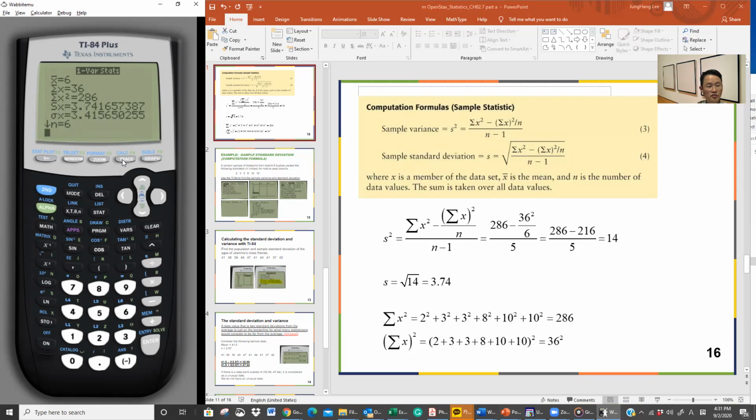If you want the variance, you can take this number and square it, not the square root, to get the variance. The reason they only give you the standard deviation is that in real life, you hardly use the variance value. You always use the standard deviation value. That's why they are giving you this.